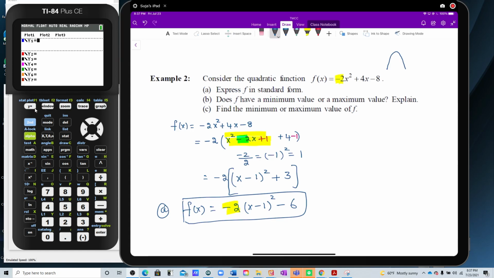This is the vertex, which can also be called the maximum point, and the corresponding y value will be the maximum value of this function.